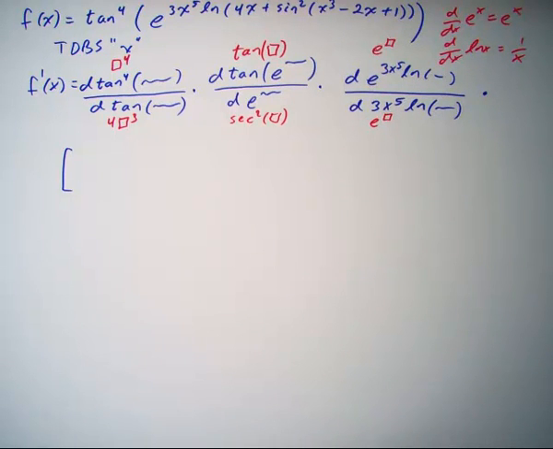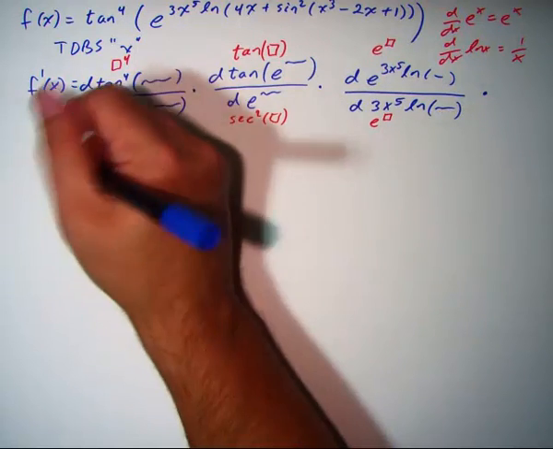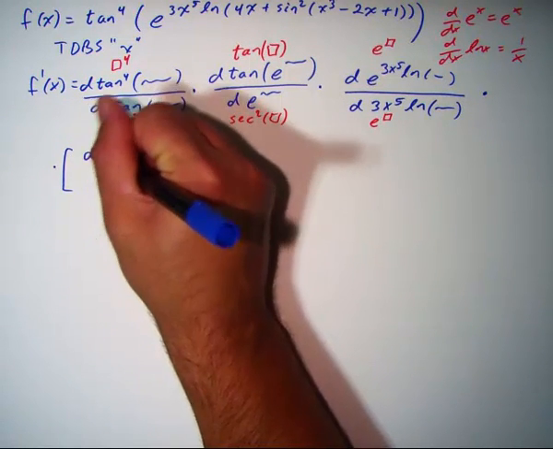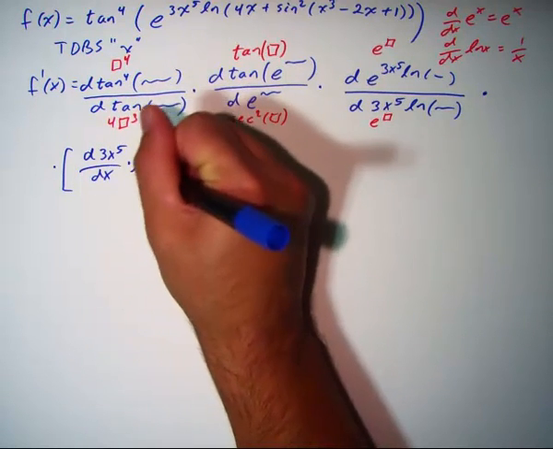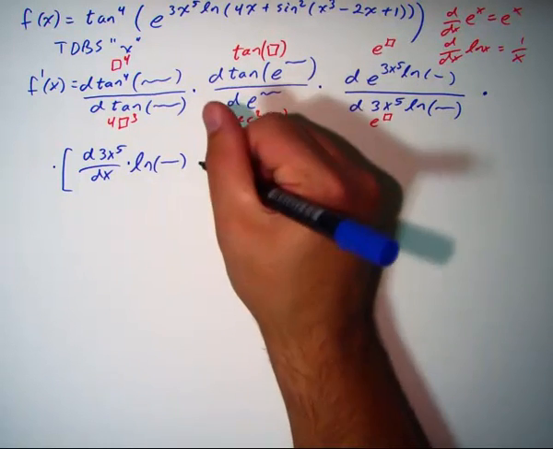That's the derivative. And so, to take the derivative of the exponent, I need to use the product rule. So I need to multiply by the derivative of 3x to the fifth with respect to x times ln of blah. That bit is done. Very strange.